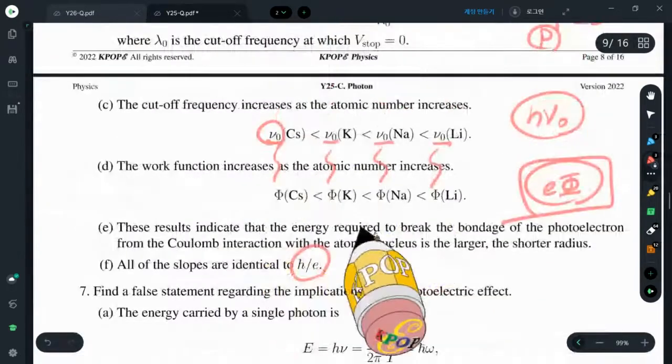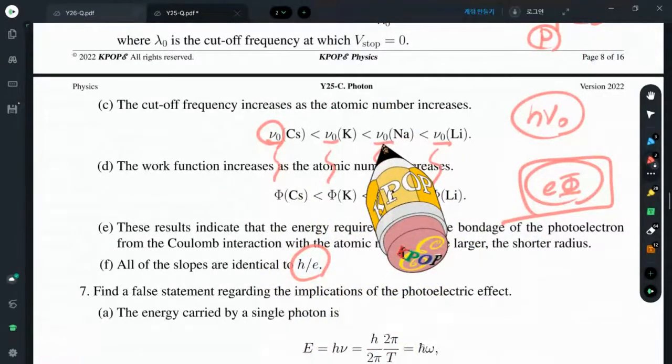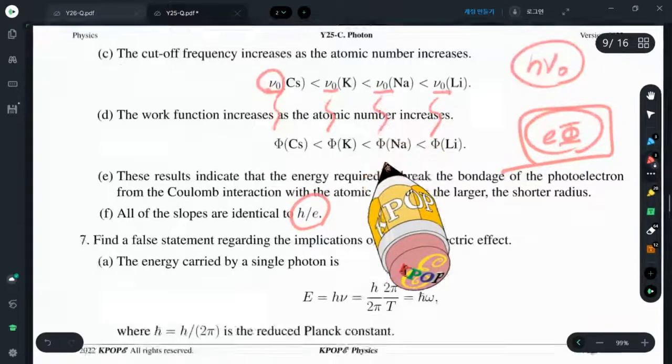Instead, the photoelectric effect is also a famous achievement of Einstein. So Einstein was not awarded for relativity, but for the photoelectric effect.